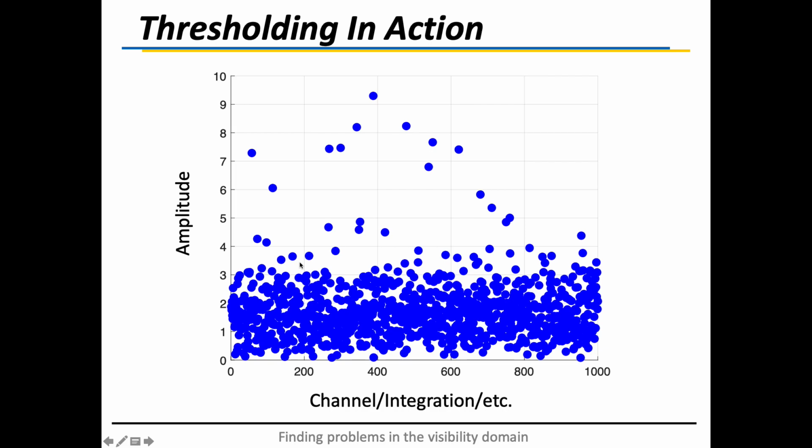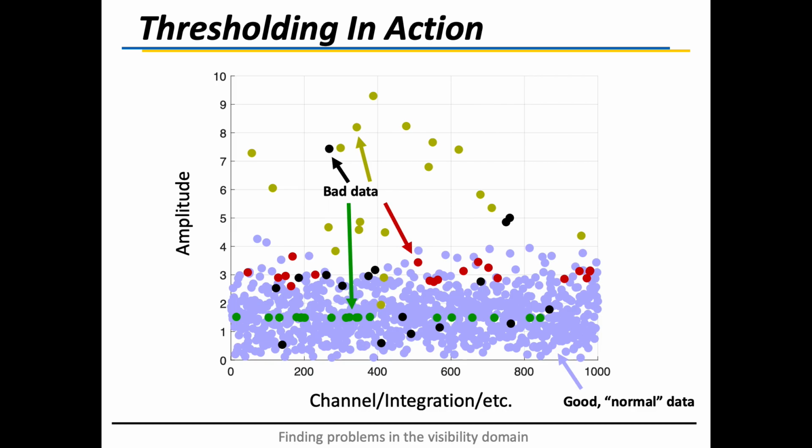But where do I cut things out here? What amplitude can I potentially cut things out? It's very difficult, of course, when I'm just looking at all the data points just like this. And in fact, this is a synthetic data set where I've injected kind of known problems into the data set. So let me actually highlight those right now. So I've identified kind of 4 different problems, which I'll describe a little bit later.